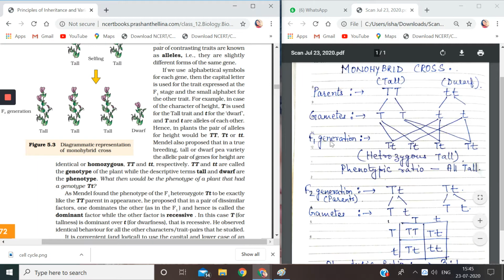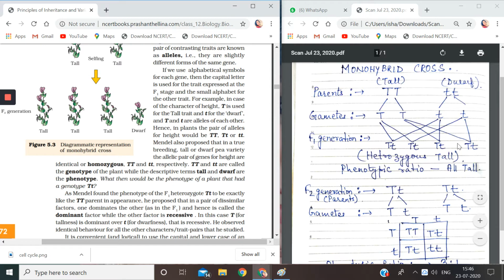Now in the F1 generation, that is the first filial generation, what are we getting? We are getting all heterozygous tall. We are getting all one capital T, one small t. All the plants are tall, but they are not homozygous. Why are they not homozygous? Because one is capital T and the other allele is small t.